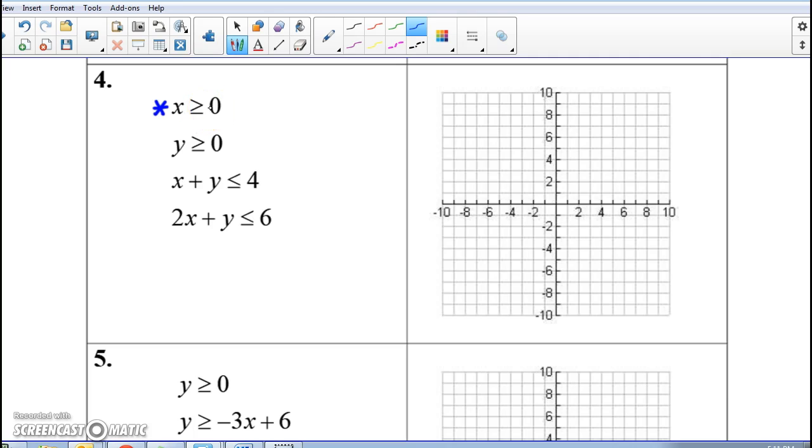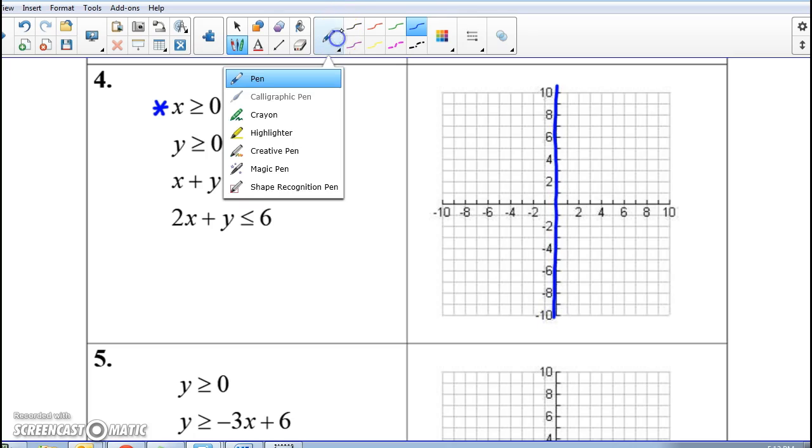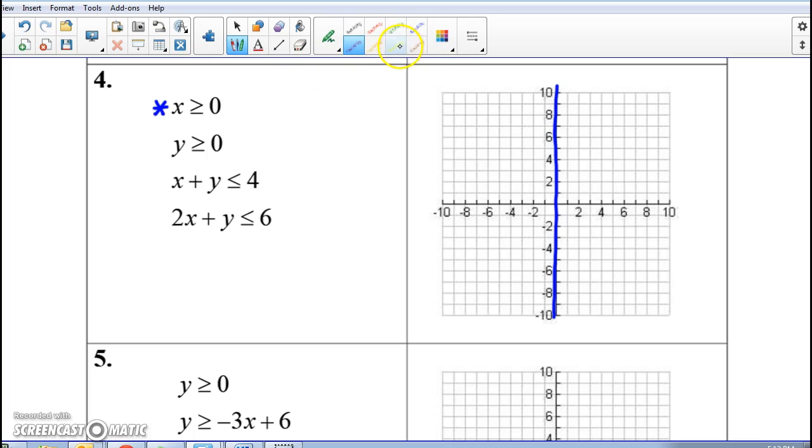Let's do this one first. X is greater than or equal to 0. So that's a vertical line at 0. We talked about that. And let's use a light color on that.